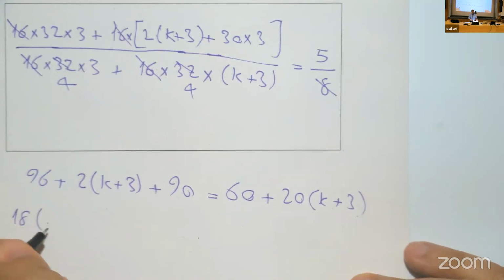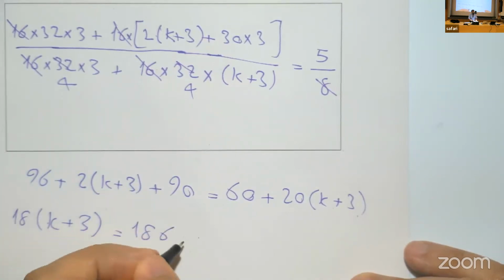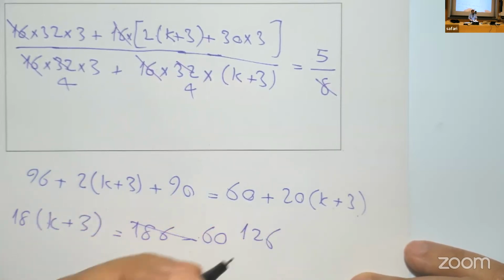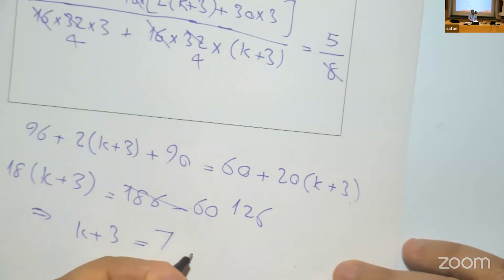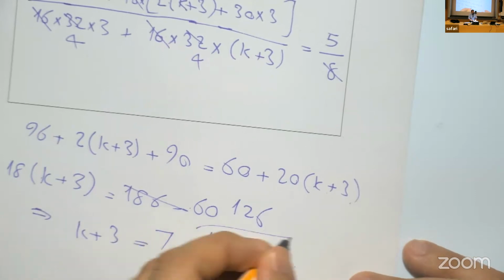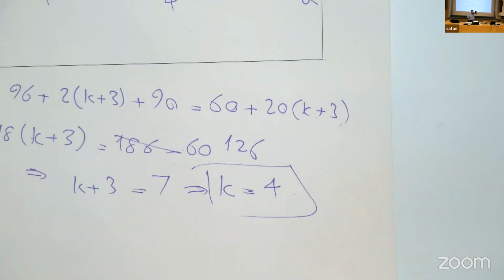Then we would have 18 Co plus 3 equals minus 60, which is... so then this is 7, and then Co is 4. Is it clear? Okay.